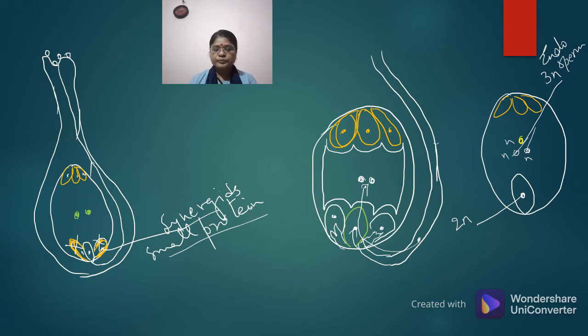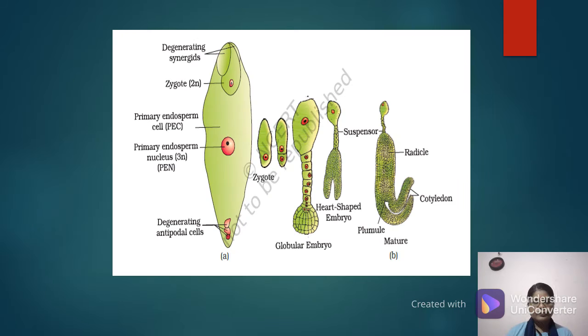And what will happen to the rest of them? With passage of time, your synergids and the others will wither away, and the zygote will start growing. Now let's move on further and see how the zygote grows.